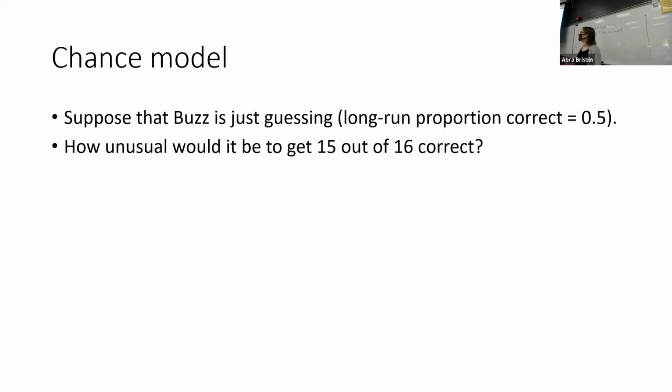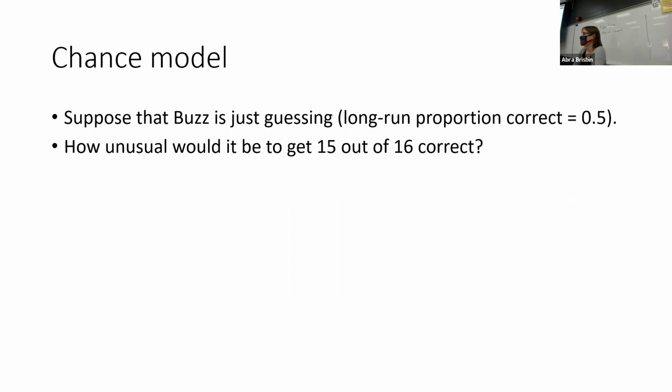And we're going to say, supposing we're in that world, how unusual would it be to get 15 out of 16 correct? Any ideas about how we might investigate this question of how unusual it would be to get 15 out of 16 correct if Buzz is just guessing? Niall? What proportion is this? Yeah, so we'll get there.